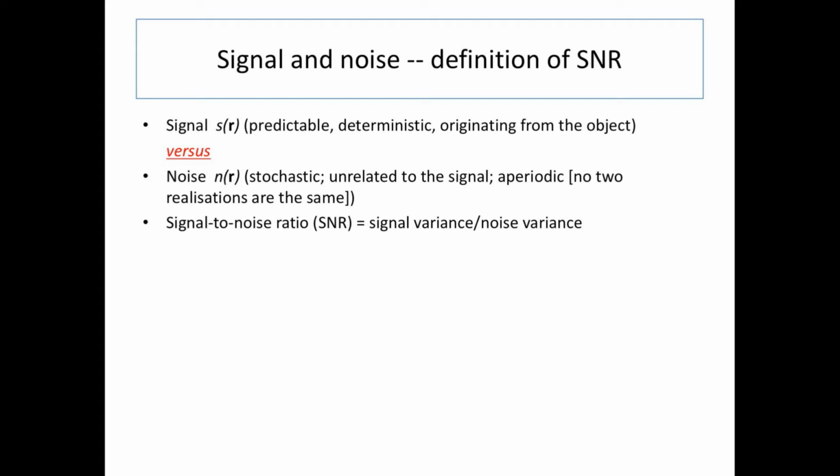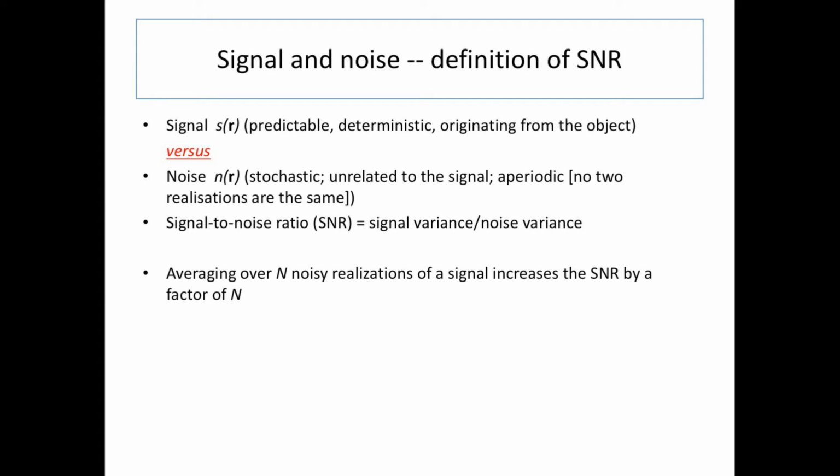The signal-to-noise ratio is defined as the signal variance divided by the noise variance, and we often call it SNR. And averaging over n noisy realizations of the signal increases the signal-to-noise ratio by a factor of n. That's a rule which assumes that we have completely uncorrelated noise, and the noise is additive.